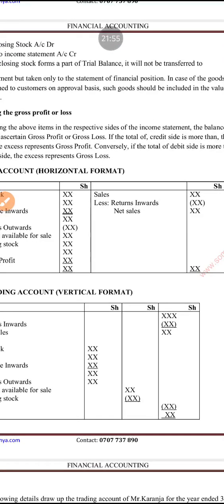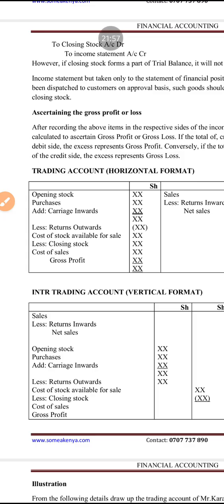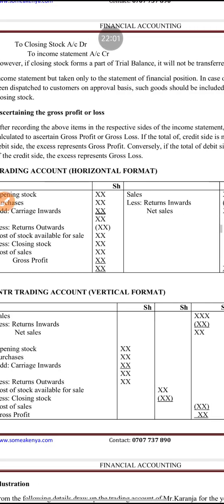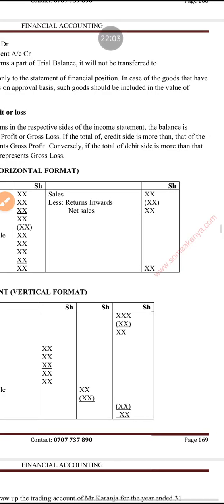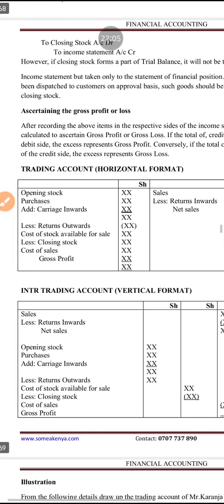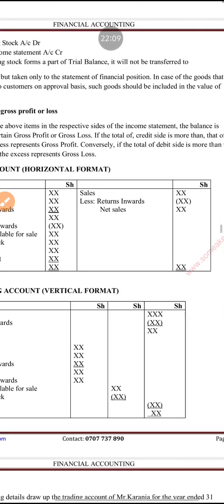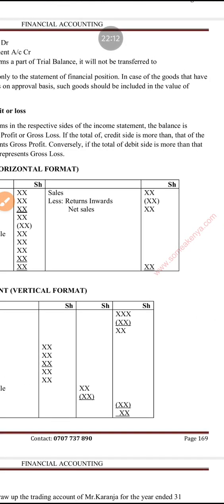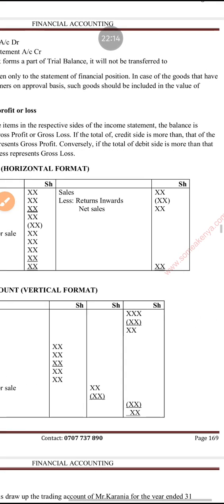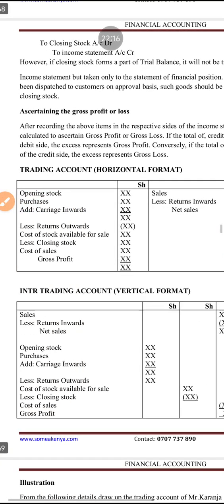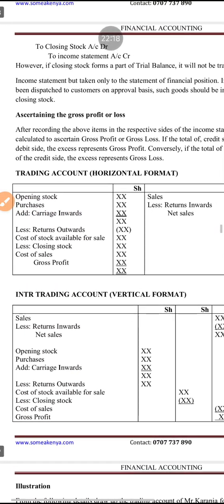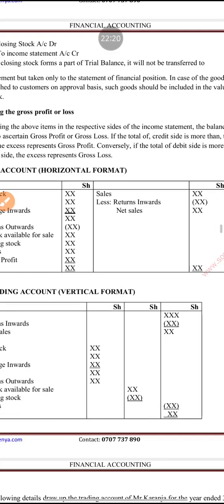So we have ascertaining the gross profit. After recording the above items in the respective sides of the income statement, the balance is calculated to ascertain the gross profit or gross loss. If the total of the credit side is more than that of the debit side, the excess represents the gross profit.